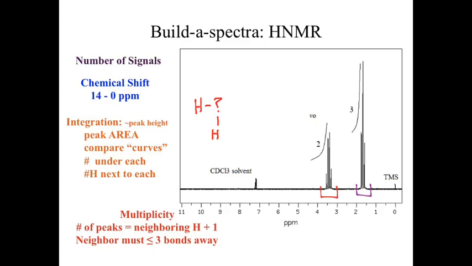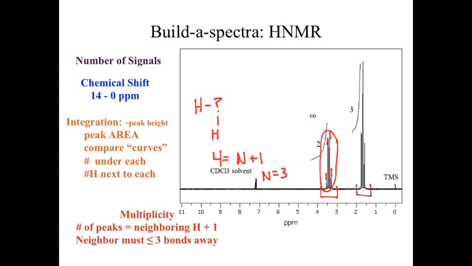Our multiplicity says the number of peaks equals our neighboring hydrogens. So we would now go through and look at the number of peaks seen there. This takes a little bit of practice, but hopefully what you see is 1, 2, 3, 4 peaks. So we have 4 peaks equals our neighbors plus 1, which means the number of neighbors equals 3.